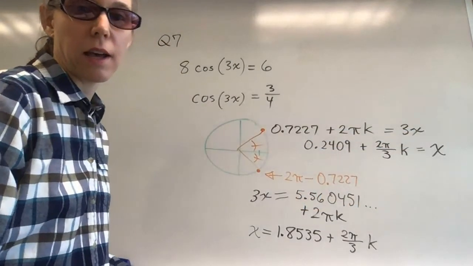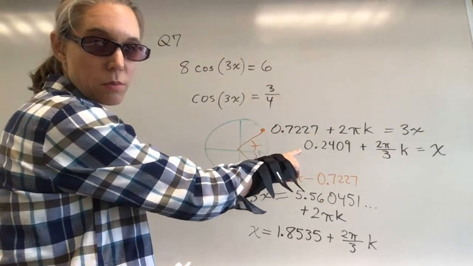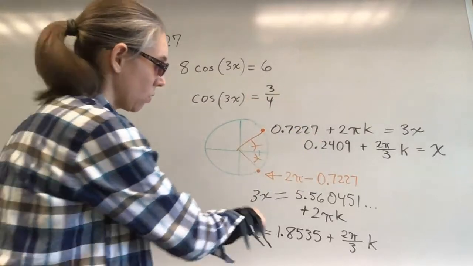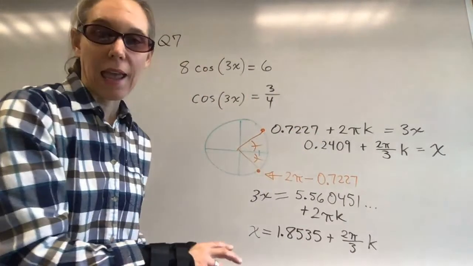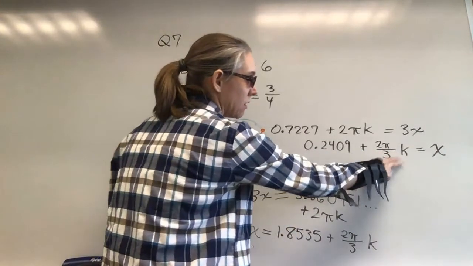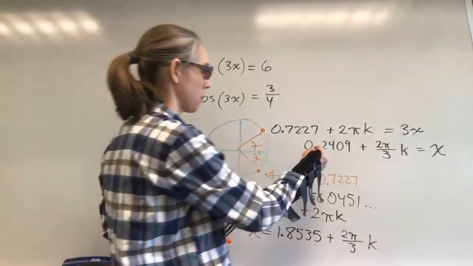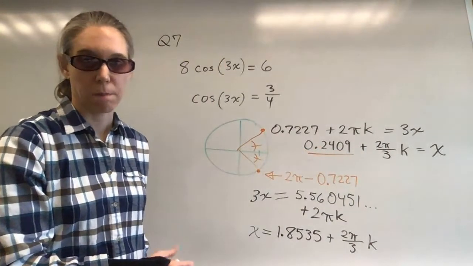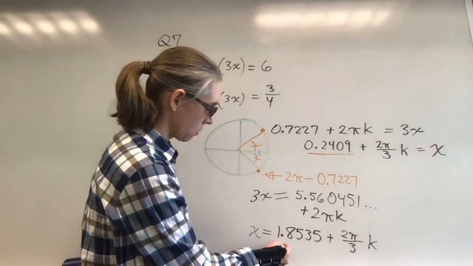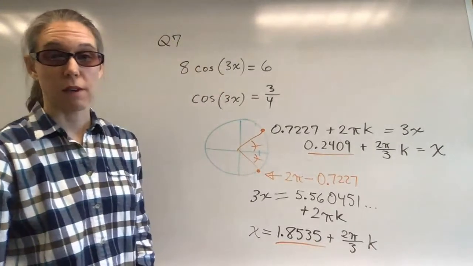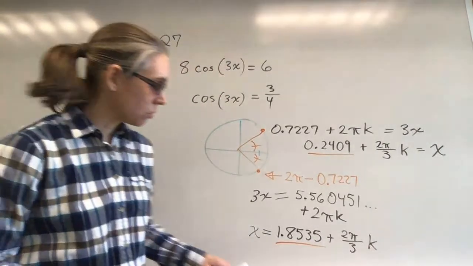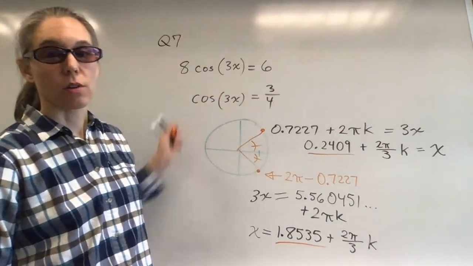Okay, so now I have 2 solutions, the 0.2409 and the 1.8535, and I have a way to generate additional solutions. So my smallest, here's my first smallest, 0.2409. My next smallest would be 1.8535. And then my next smallest would be what happens if I go around the circle again.